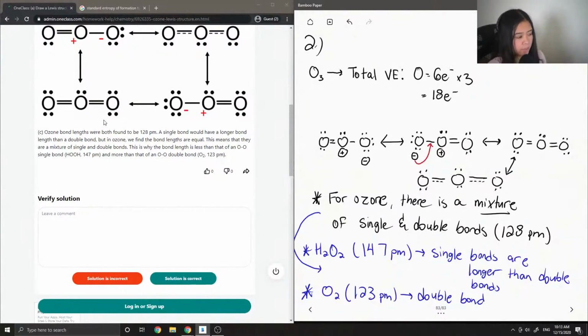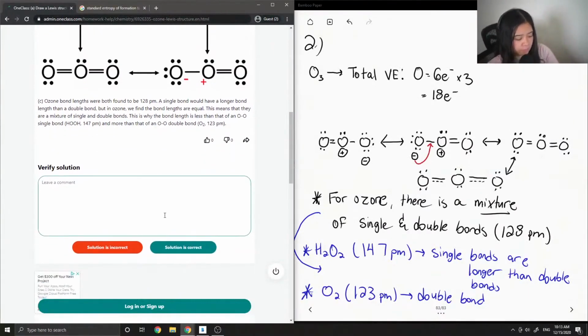A single bond would have a longer bond length than a double bond, but in ozone, we find that the bond lengths are equal. This means that they are a mixture of single and double bonds. This is why the bond length is less than that of an oxygen-oxygen single bond and more than that of an oxygen-oxygen double bond. Yep, so this solution is correct.